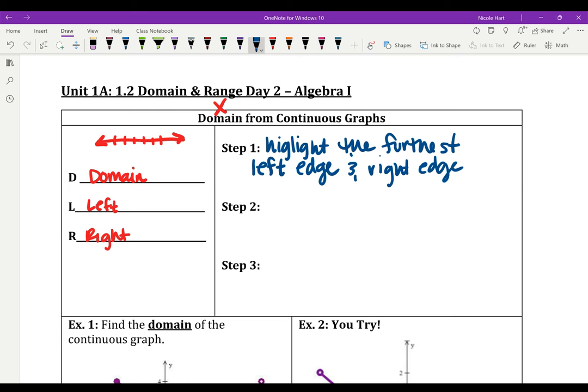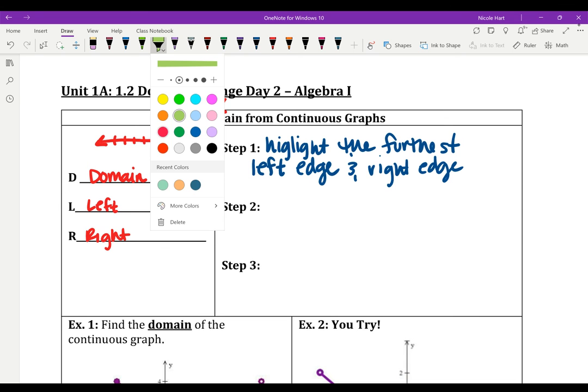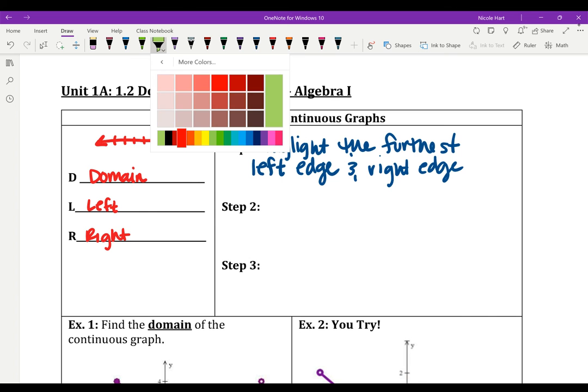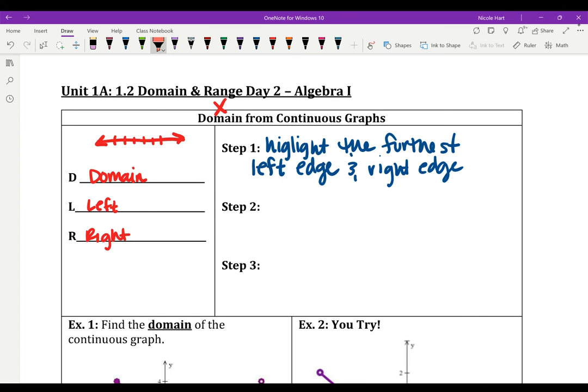And I'll show you what I mean when we get to an actual graph, but we're going to make sure we highlight, I'm going to highlight this in red, the left edge and that right edge.